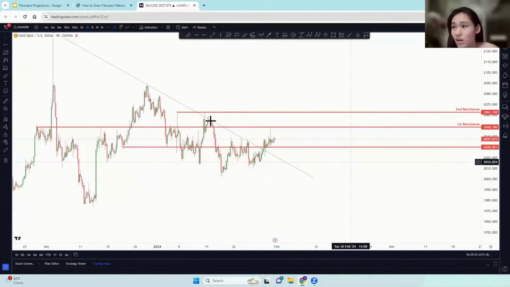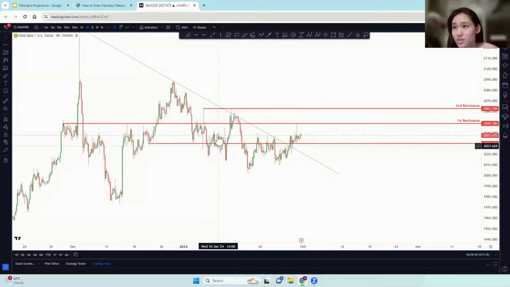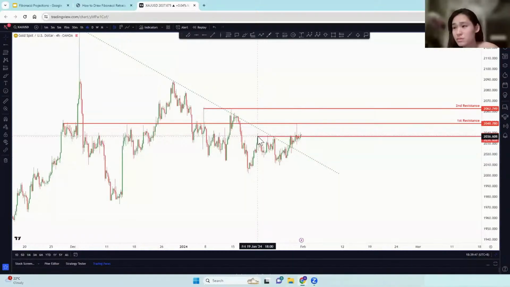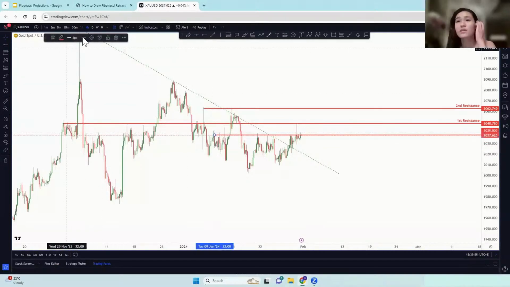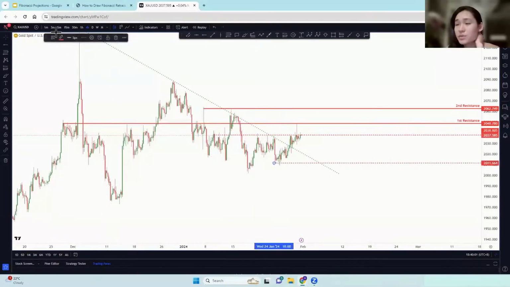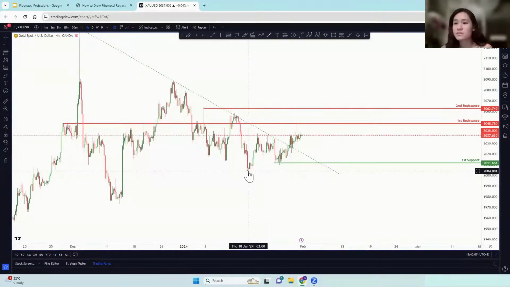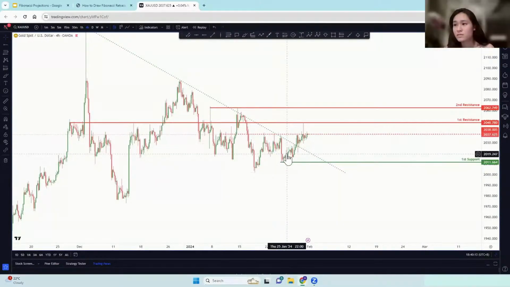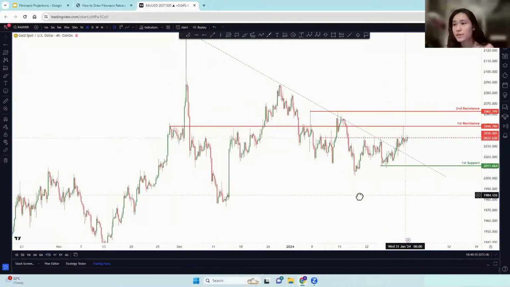You can see price testing it a lot, but it's cutting too many candlesticks here, so it's not a good support level to use. Okay, I'm going to place an intermediate level here. And my first support would be here.